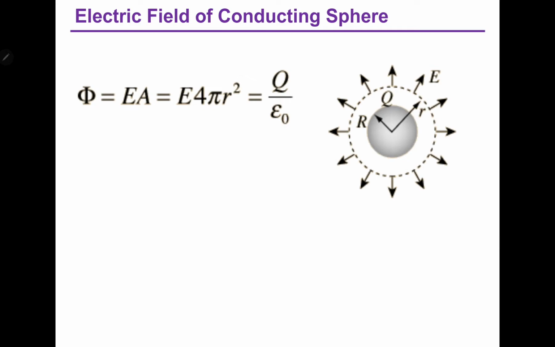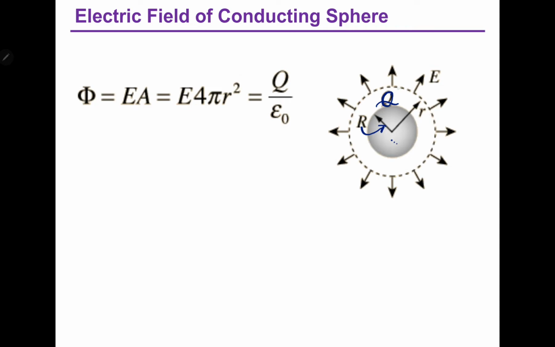Okay, let's apply this Gauss law to find some electric fields. For example, this is the electric field of a conducting sphere. So this sphere is conducting, and it has charge q. Look here, charge q is here, and this is the radius of this sphere.